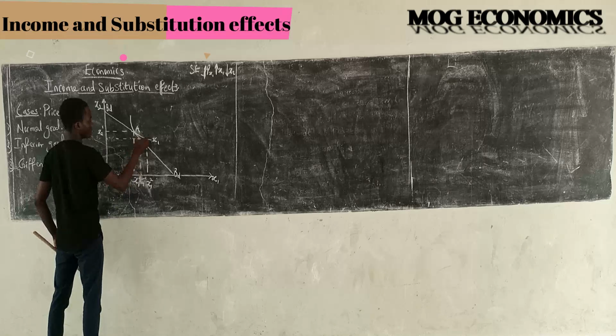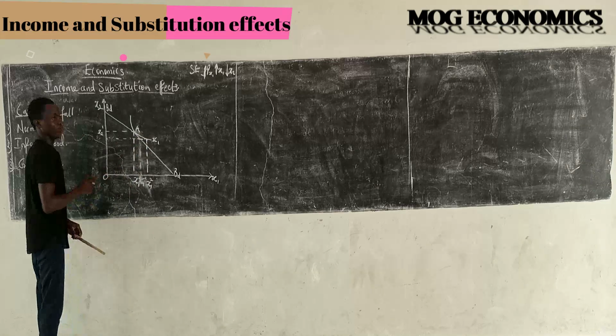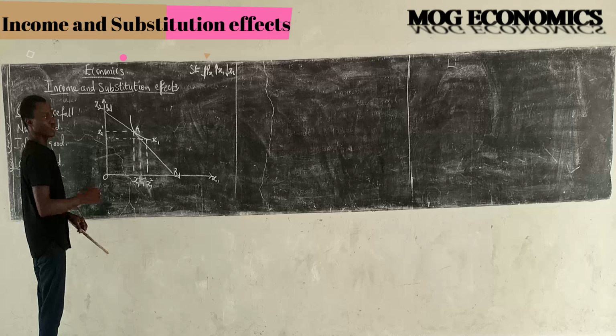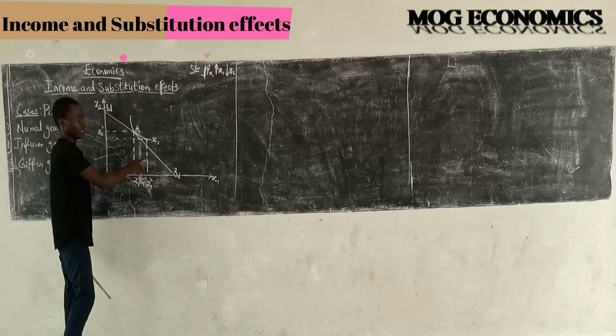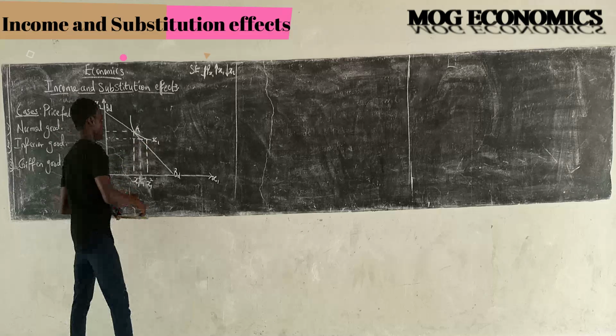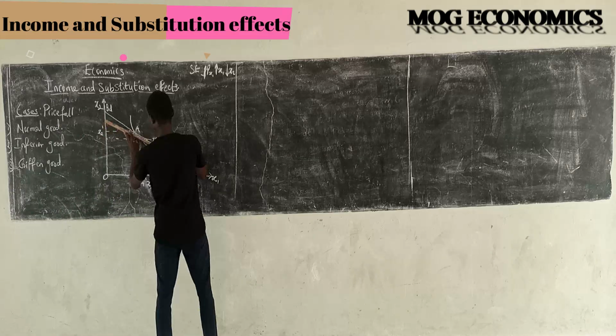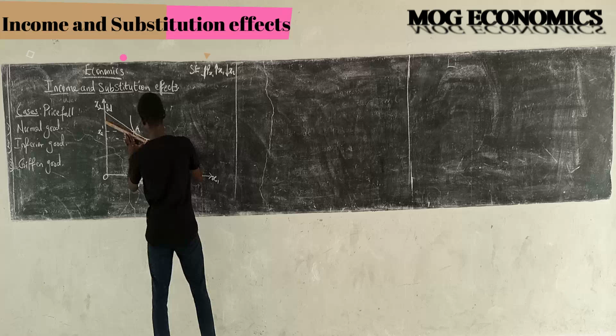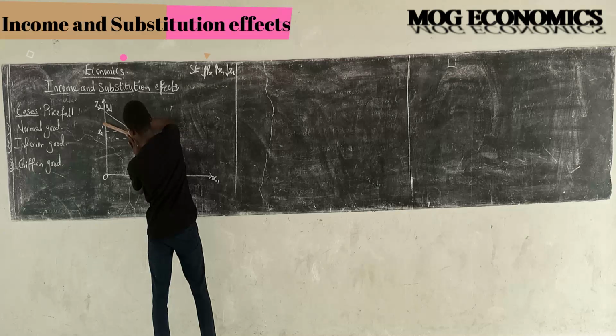Alright, so here what we are going to do is draw another budget line that will be tangential to this indifference curve at this point. So when you sketch that, you'll be having something like this.